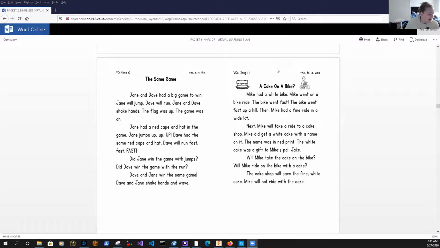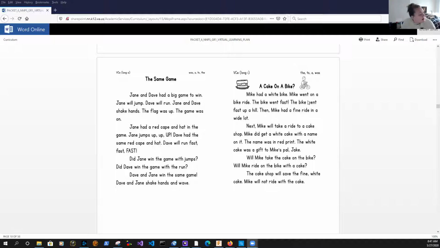So this text is going to have a lot of vowel, consonant, silent E pattern words. So make sure you practice putting those long vowels in there. So it's Cake on a Bike, and let me find it. Okay. So Cake on a Bike is right here on the right side of this page. I'm going to read it, and then I want you to read it to yourself.